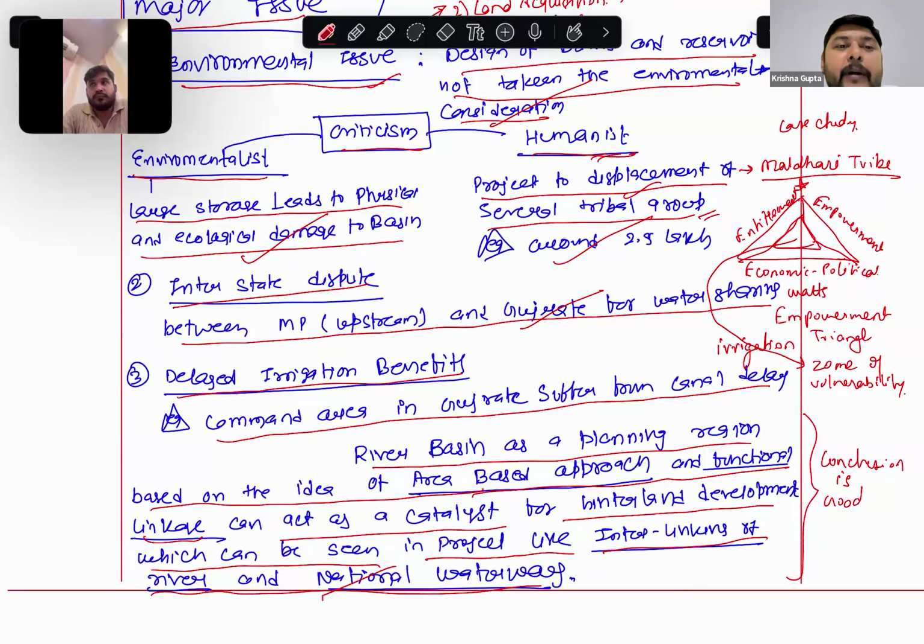ओके, so apart from this, we can also see it from the perspective of environmental impact assessment. ओके, एनवायरमेंटल इम्पैक्ट असेसमेंट में जैसे कि इसके नोटिफिकेशंस, इसके जो लॉज थे और जो क्लॉजेस थे, they were bypassed.